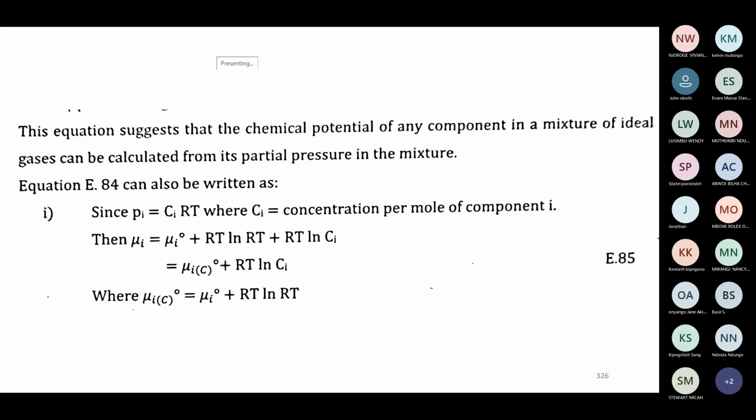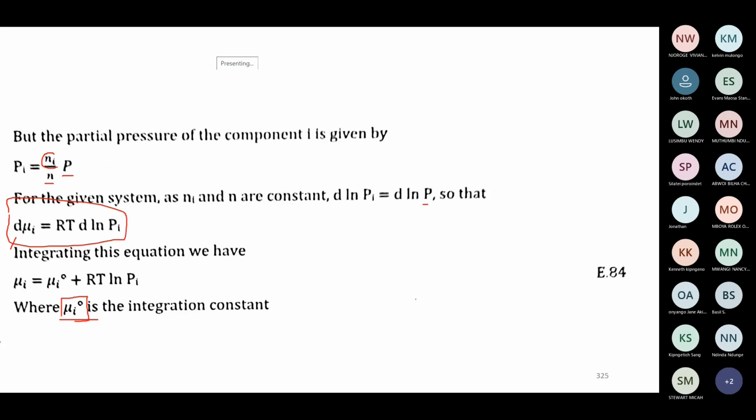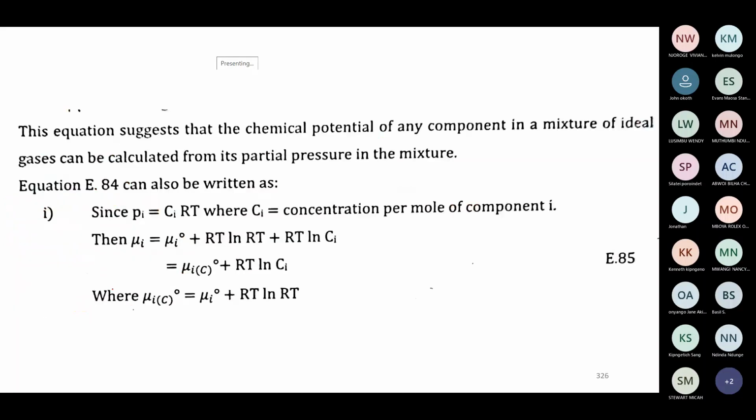Equation E84 can also be written as, so this equation here can be written as Pi equals Ci RT, where Ci is the concentration per mole of the component i.